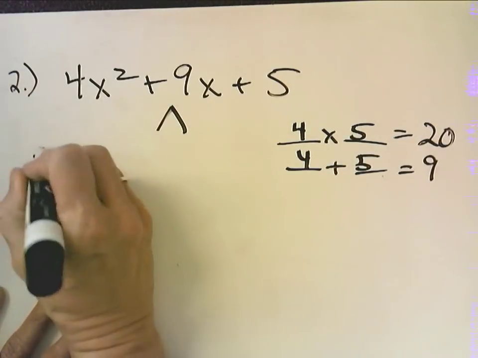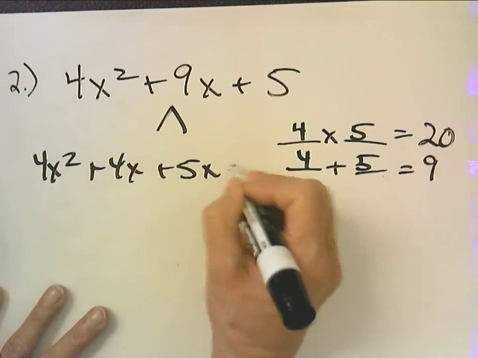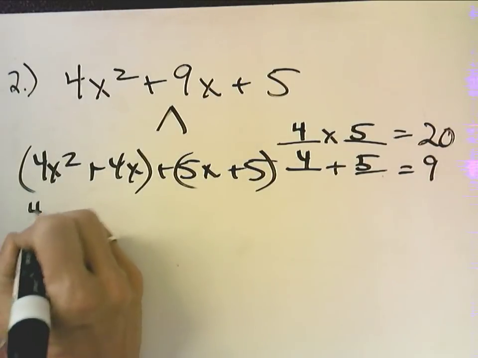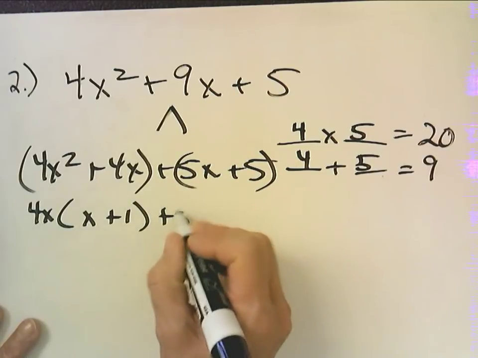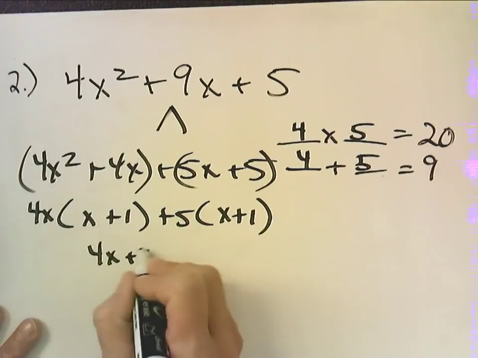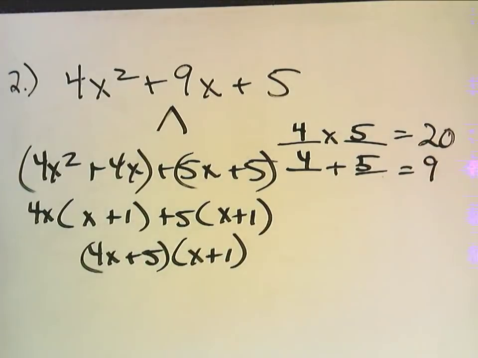So 9x gets broken down into 4x plus 5x plus 5, and then I factor by grouping. I take out 4x, I get x plus 1, I take out a 5, I get x plus 1, and that ends up being 4x plus 5 times x plus 1. And again, you mentally FOIL it and make sure you have the right number.